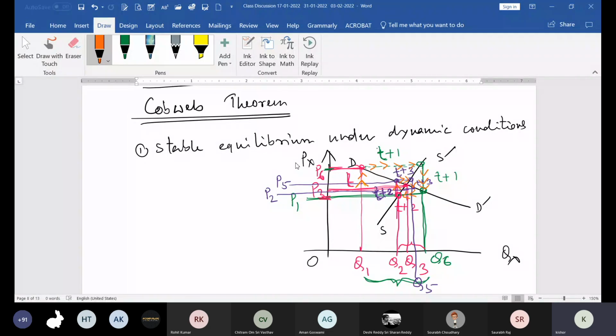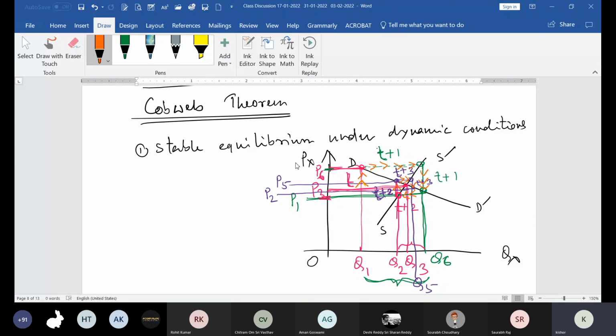Initially, equilibrium was disturbed, but after a few periods, T plus 1, T plus 2, T plus 3, T plus 4, T plus 5, in that way it will go on, gradually you are going back to your original equilibrium position. Although initially equilibrium may be disturbed, after some time you go back to your original equilibrium position.